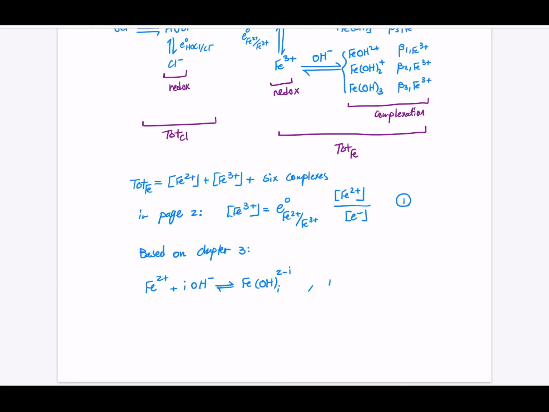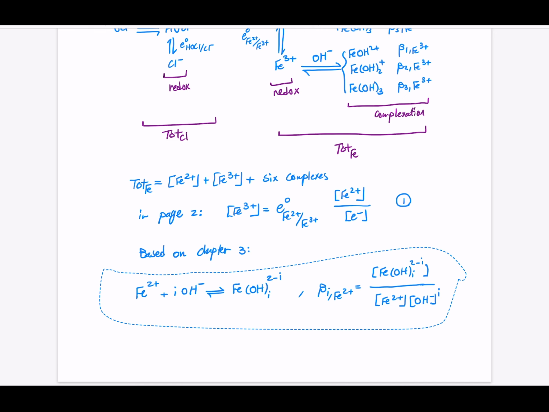So beta I of Fe2 plus would be just the product FeOH I 2 minus I divided by Fe2 plus times hydroxide to the power of I. Since we don't want to repeat what we had before, I'm just using a general notation because it would just repeat itself.